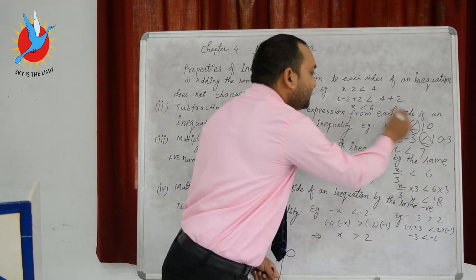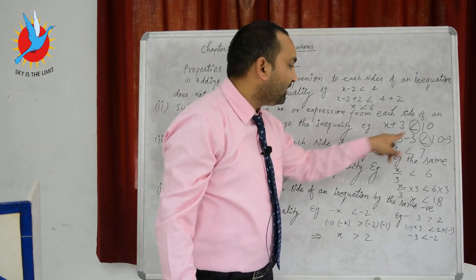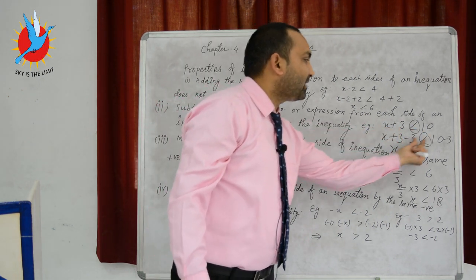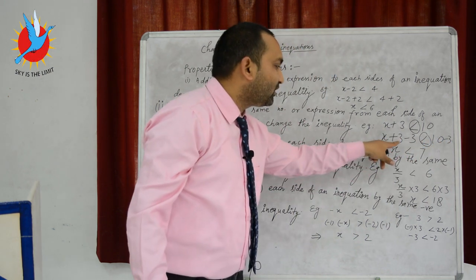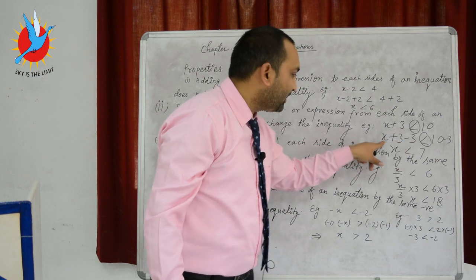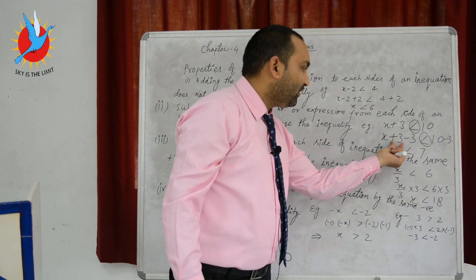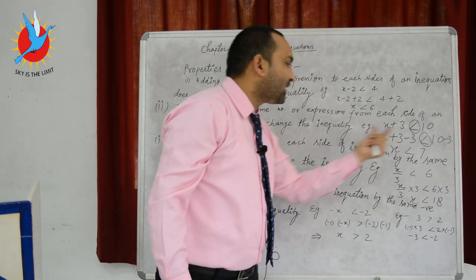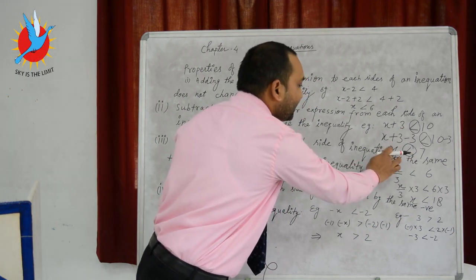For example, x plus 3 is less than 10. We subtract 3 on both sides, so 3 minus 3 is 0, and x is less than 10 minus 3, that is 7. The inequality remains the same, still less than, so x is less than 7.